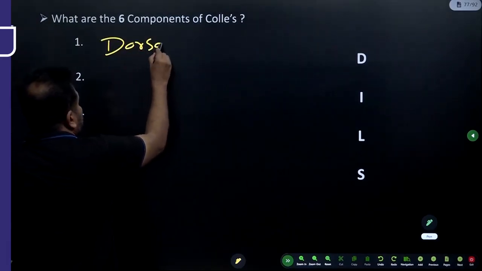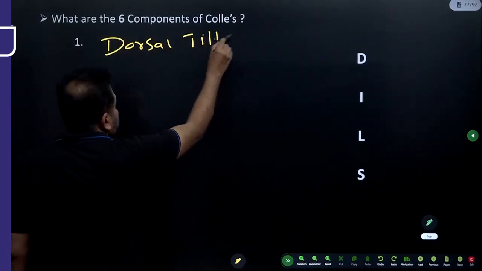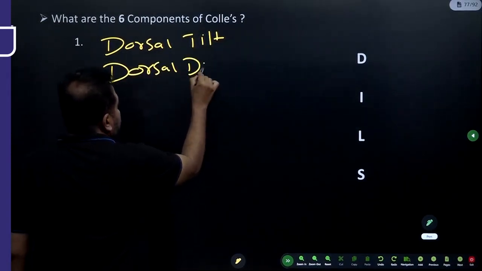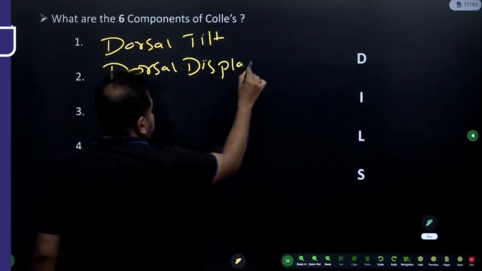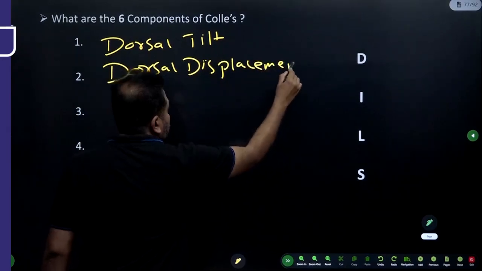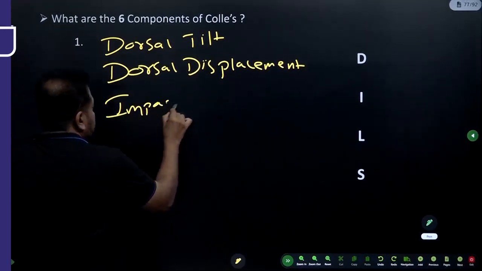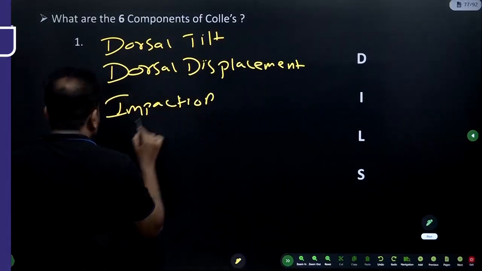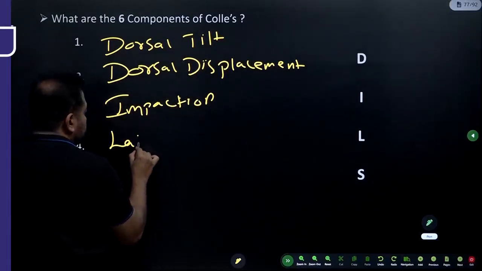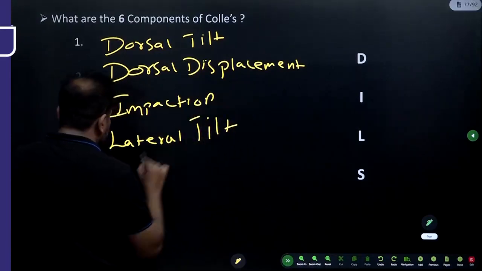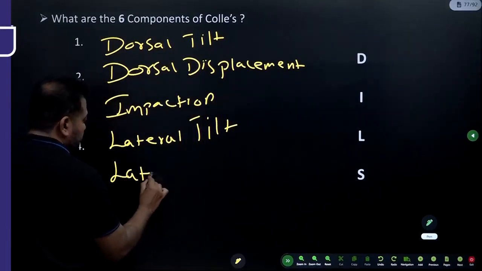dorsal tilt. Next is dorsal displacement. Third is impaction. Fourth is lateral tilt. Fifth is lateral displacement.